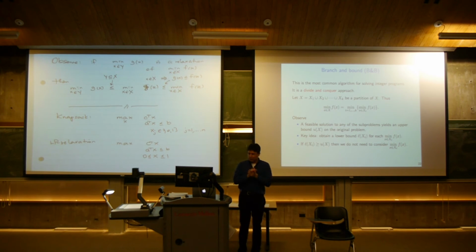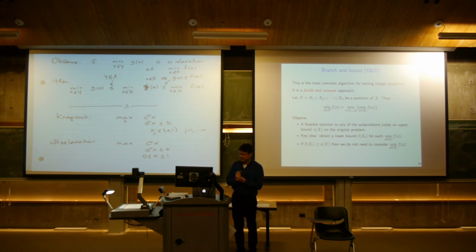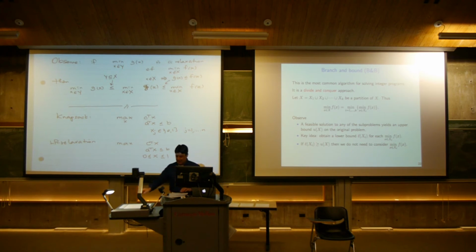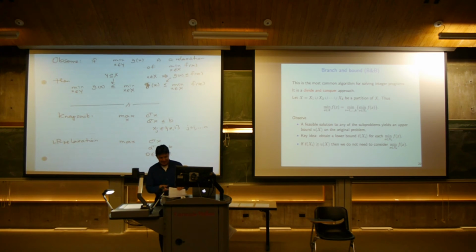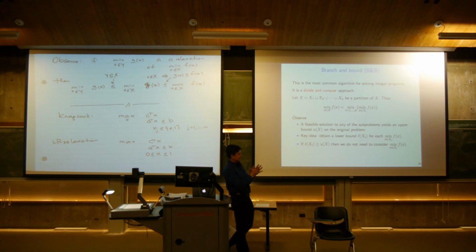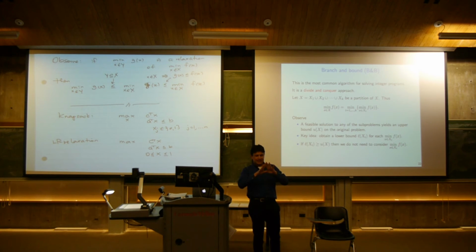It's the so-called branch and bound algorithm. The idea of branch and bound is basically a divide and conquer approach: break the original problem into smaller, maybe more manageable subproblems.